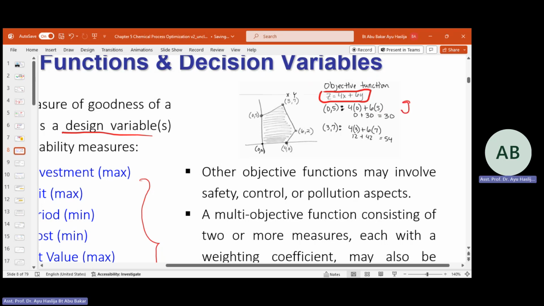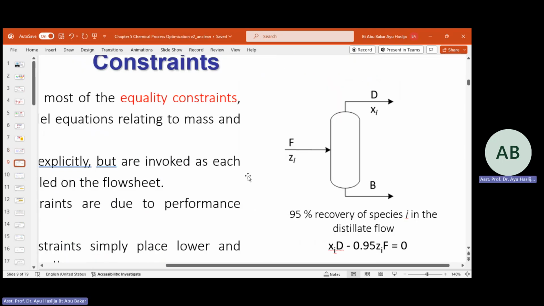Perhaps subject to the constraint x larger than 30, or it can be a constraint equal to 30. It's up to you to decide what your constraint is. We go to the example later on.